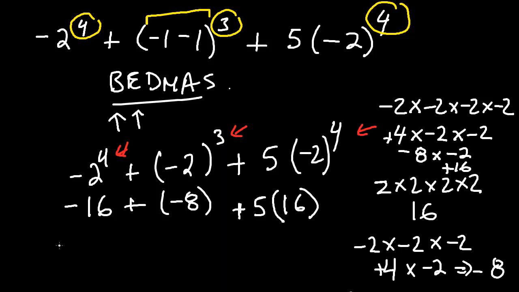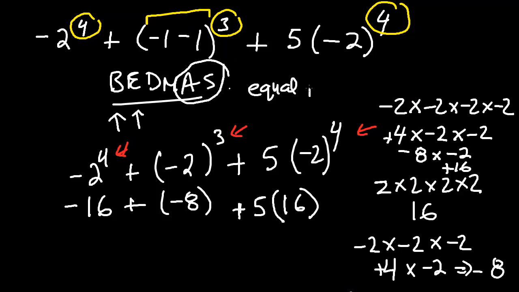Okay, so now we've simplified our equation up to this point. We have no more exponents, so let's go back to BEDMAS. We have no more brackets, exponents, we have no division, we have no multiplication. All we're left with is addition and subtraction. And remember, with addition and subtraction, according to BEDMAS, addition and subtraction have equal priority.